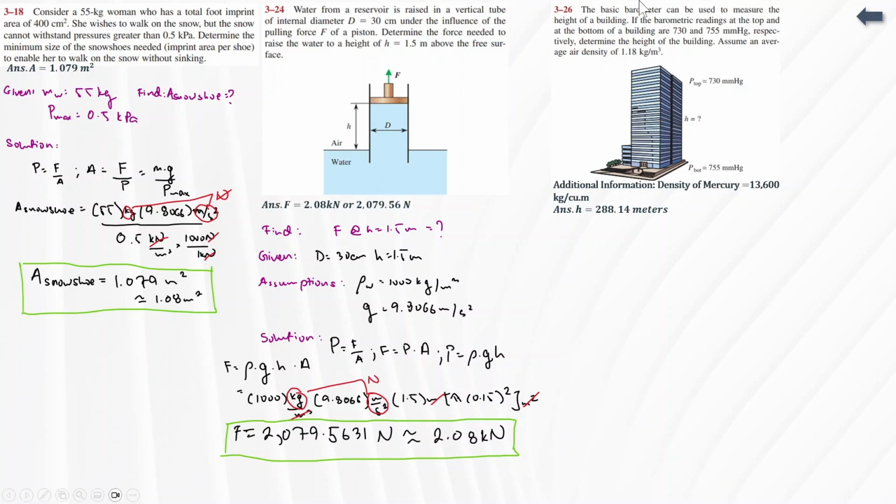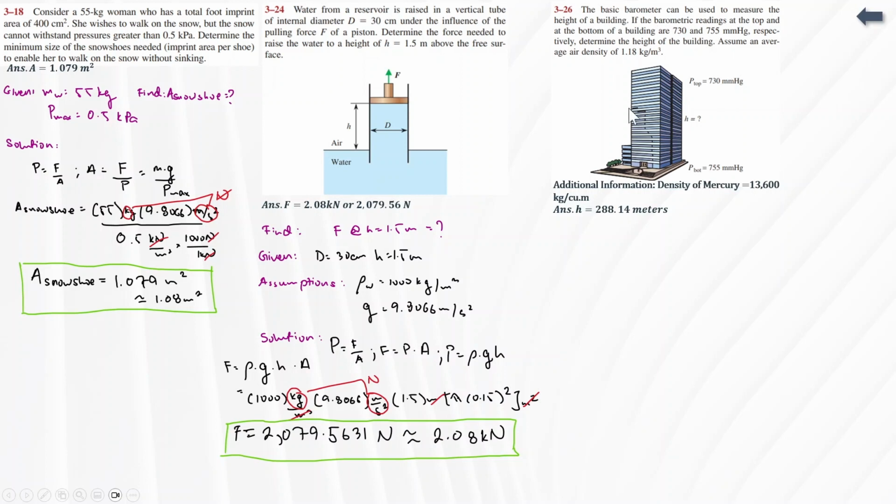If the basic barometer is used to measure the height of the building, and the barometric readings at the top and at the bottom of the building are 730 and 755 millimeters of mercury respectively, determine the height of the building and assume an average air density of 1.18 kilogram per meter cube.